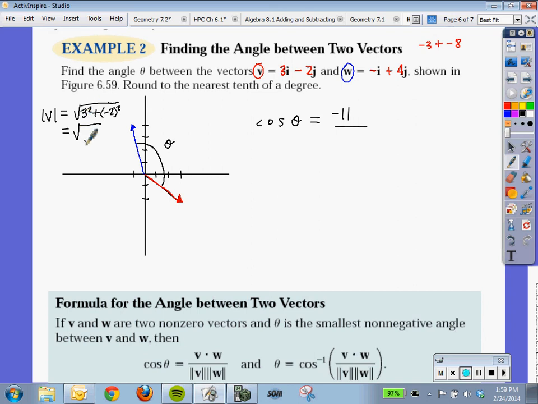That gives us 9 plus 4, which is 13. So we have the square root of 13 times the other vector.